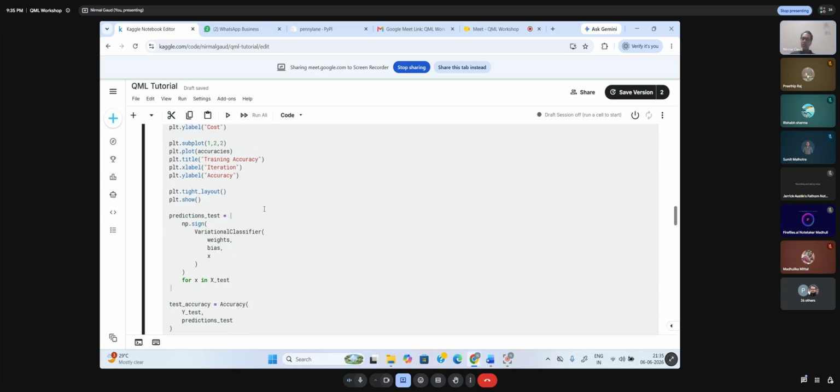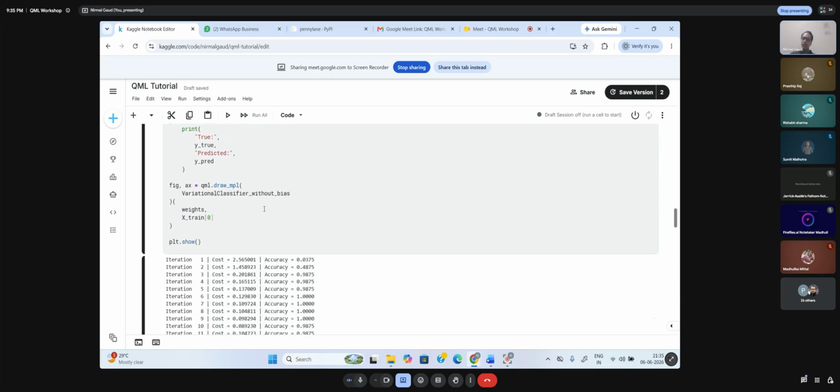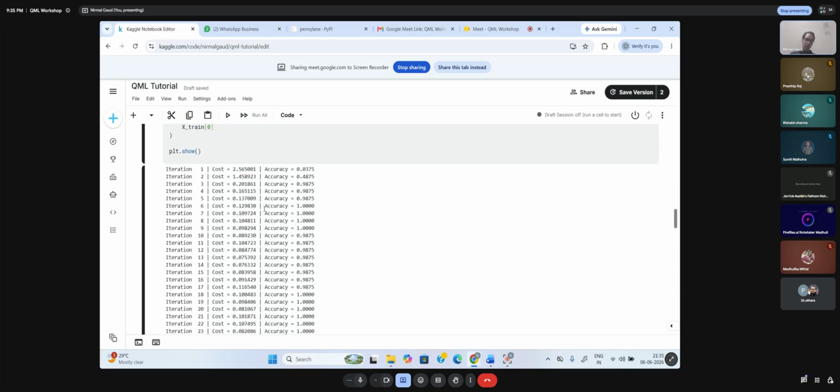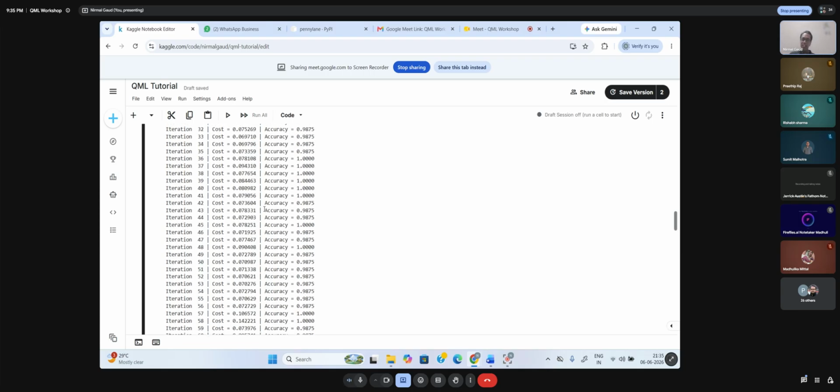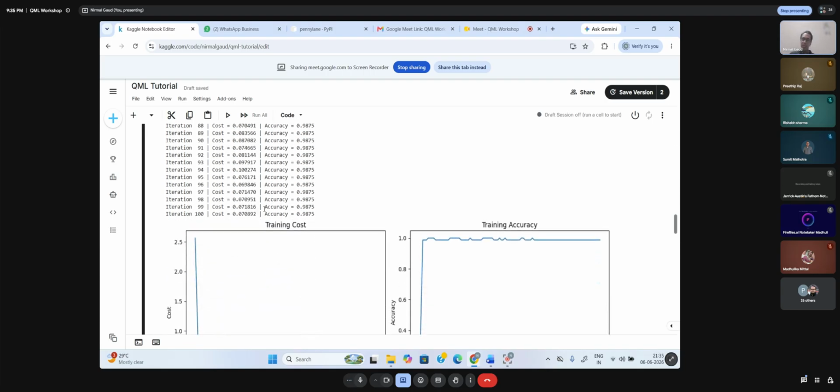Here are the figures which I have plotted after training, so you can see. For Iris data set, if you run this code, it will run quickly. It will not take much time, and very quickly we reach 98% accuracy in 100 epochs.